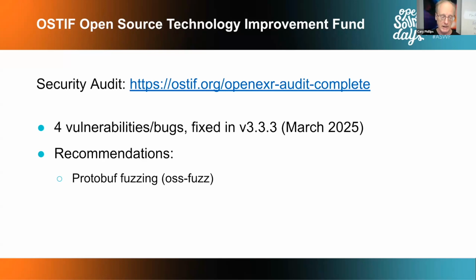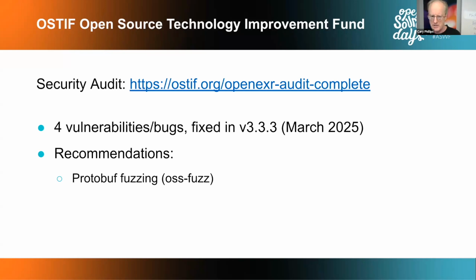They took the library and put it through a battery of tests, their own fuzzing testing, in addition to the fuzz testing that we use through OSS-Fuzz. And in their analysis, they uncovered four what we would call bugs. They were just garden variety bugs, which Kimball fixed pretty straight away.